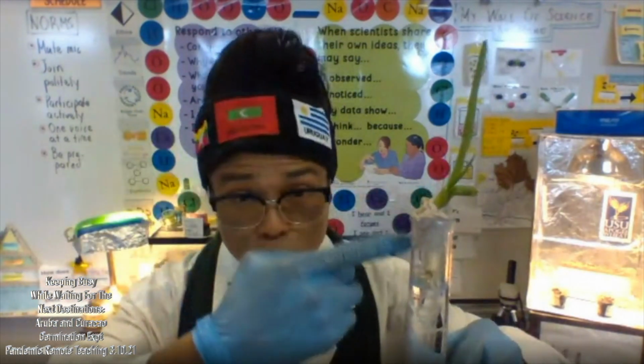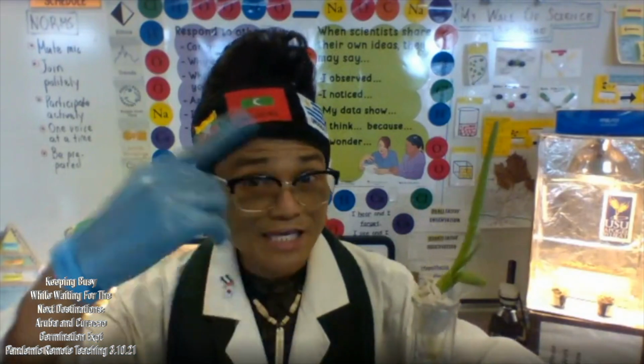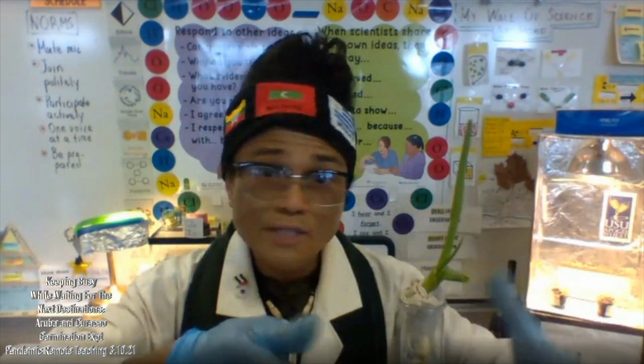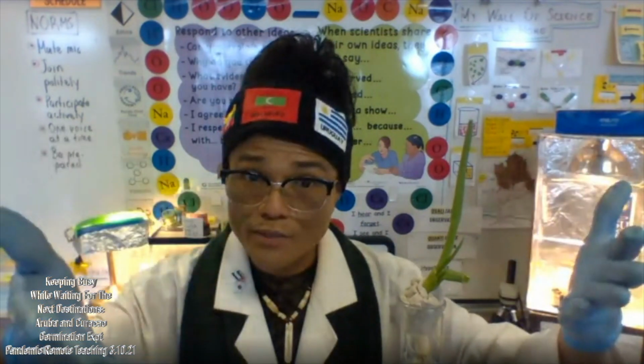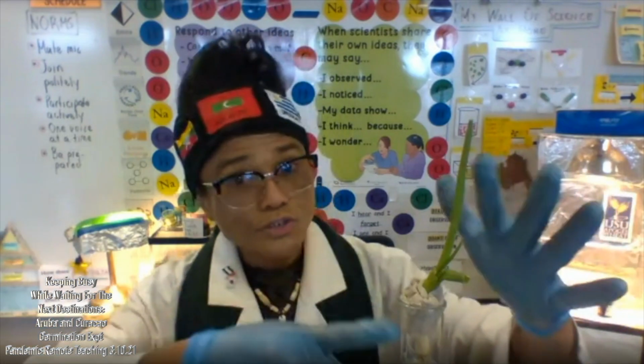This is no longer a seed, it's already a young plant. Allow me to take this out and I'll put it back after this part of the lesson to keep a constant supply of liquid water to the growing plant.